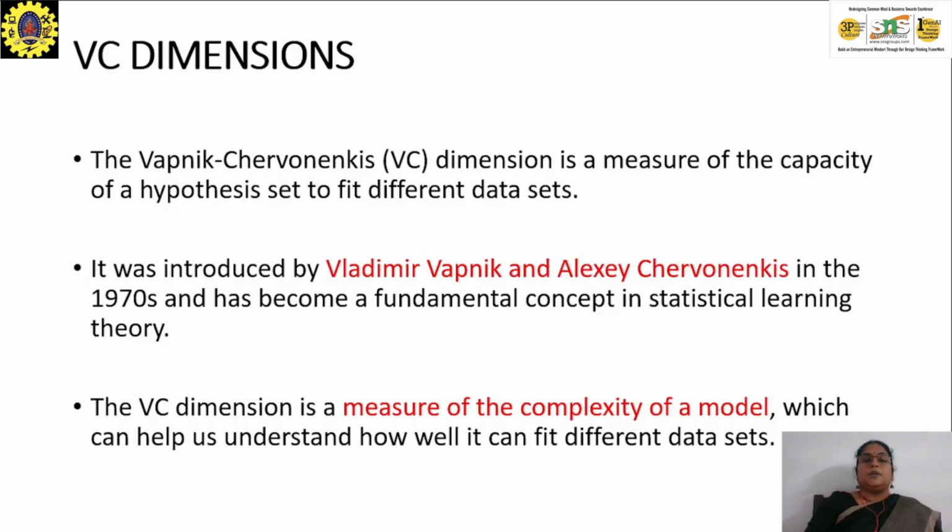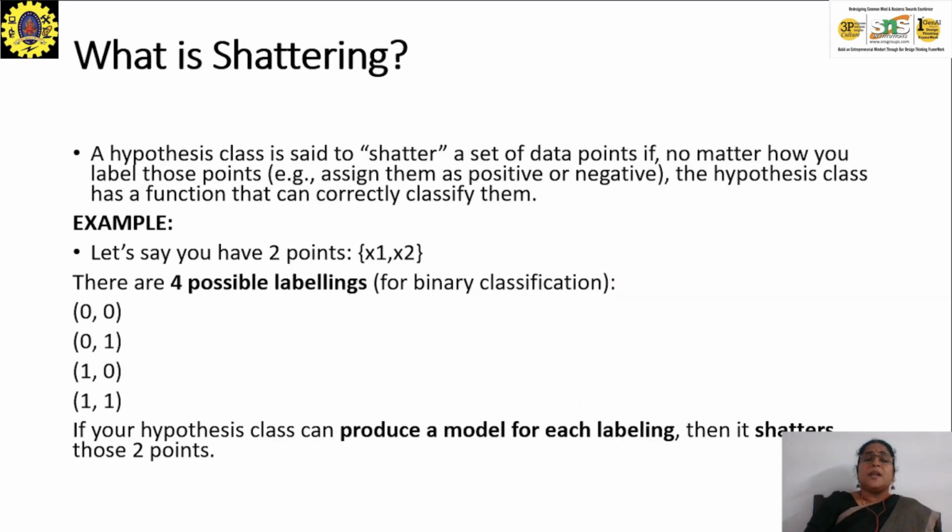We are going to measure the complexity of an ML model, which helps us understand how well it can fit different data sets. Here, one important concept arises: shattering. What is the meaning of shattering? For example, if you drop a mirror, it shatters into many pieces, right?